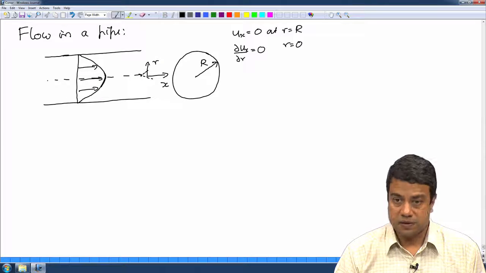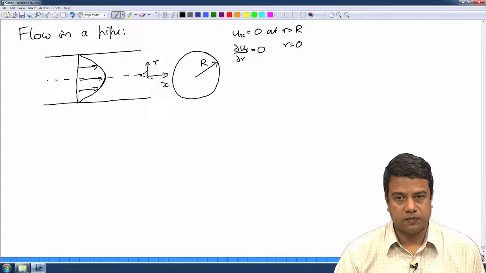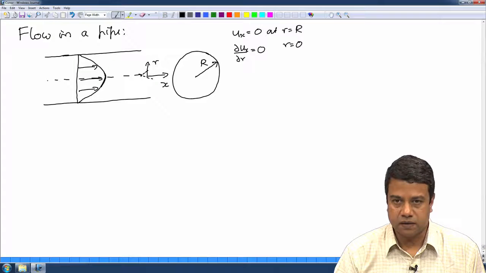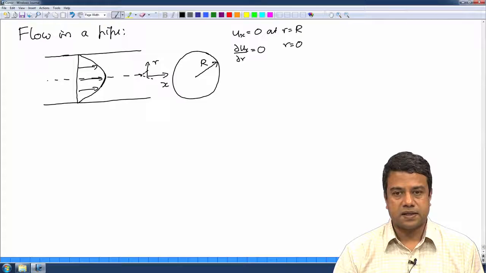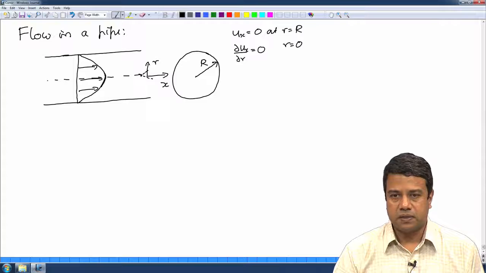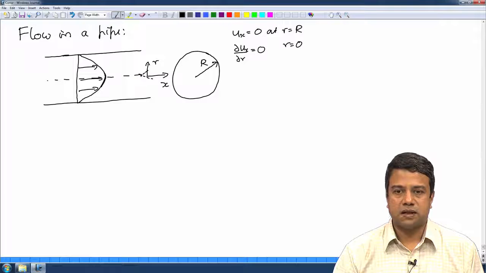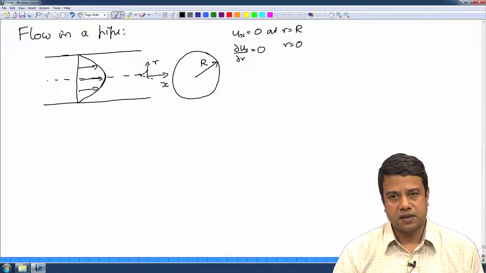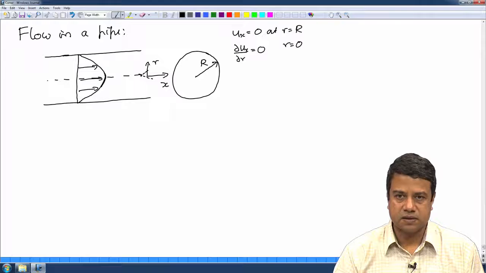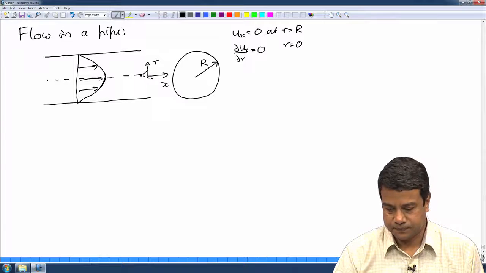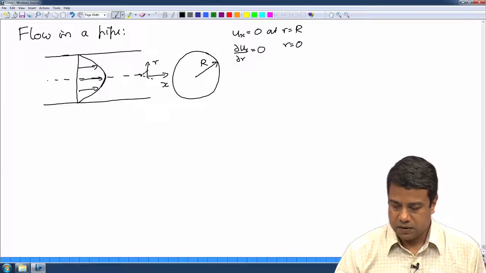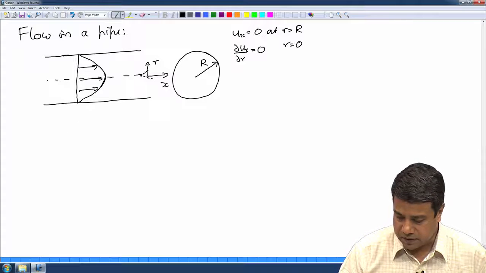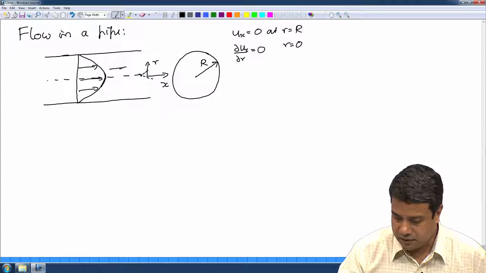So, we will write the balance laws now for this pipe flow for a cylindrical differential volume. As I said, in a curvilinear coordinate system, one has to take a differential volume in which the surfaces are surfaces of constant coordinate. So, we take an annular volume. If this is the center of the pipe, we can take an annular volume.